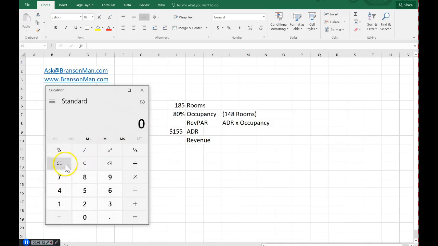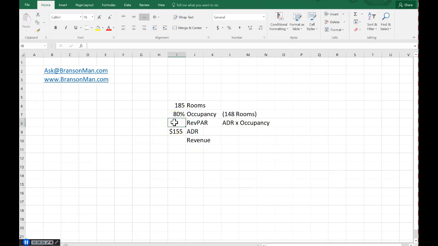ADR. The average daily rate was $155. The hotel was 80% occupied. We see that the RevPAR was $124. So you see how it brings that down.